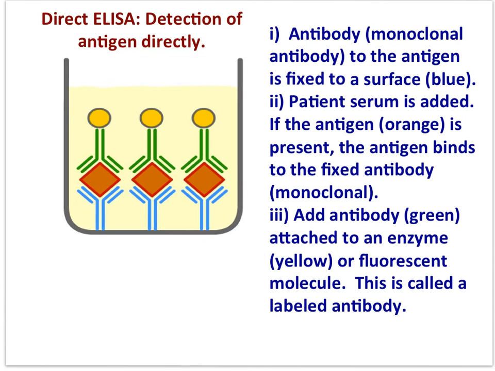If the blood is being tested for the antigen directly, as it was in my first example, antibodies against the antigen, seen here in blue, are fixed to a surface. I'm referring to these antibodies as monoclonal antibodies. These are part of the ELISA toolkit.